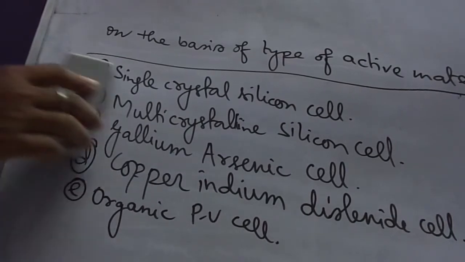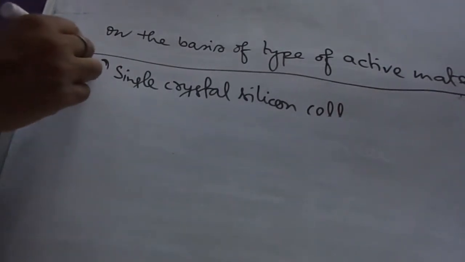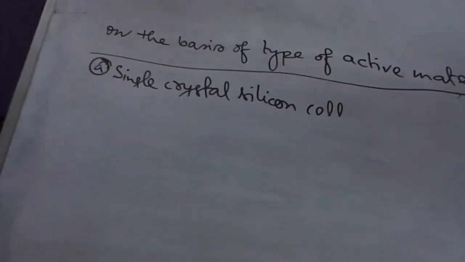The first silicon PV cells were of the single crystal variety.